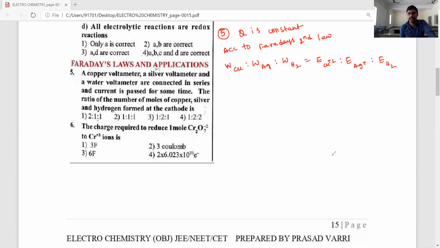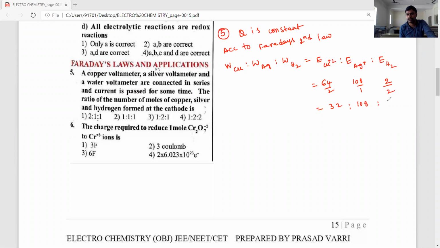Gram equivalent weight is equal to gram atomic weight by n factor. The n factor of copper 2 plus is 2, so 64 by 2, silver 108 by 1, and hydrogen means H2 is converted into 2H plus, its valence is 1, so 2 by 2. Then it is 32, 108, and 1.